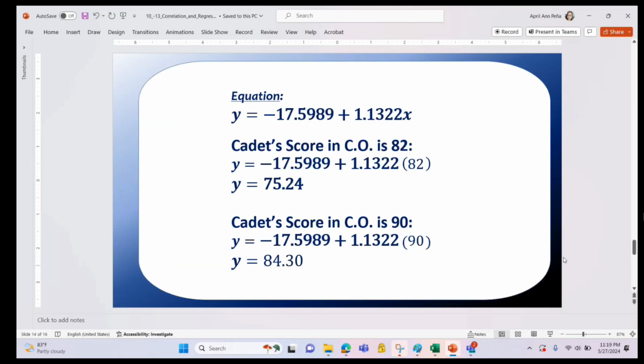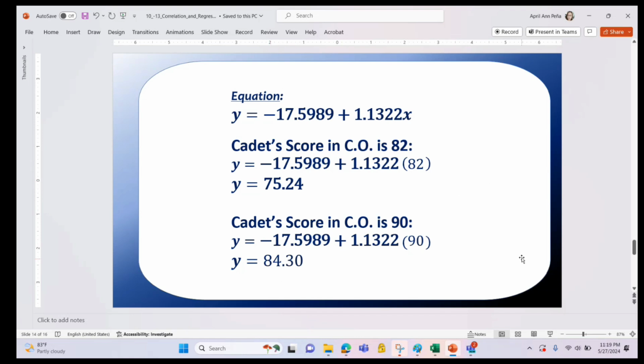And if you notice, with the score in the course outcome of 82, then the other one is 90. There is an increase from 82 to 90. And with the predicted scores in the examination, 75.24, then 84.30, there's an increase also. Increasing in value.